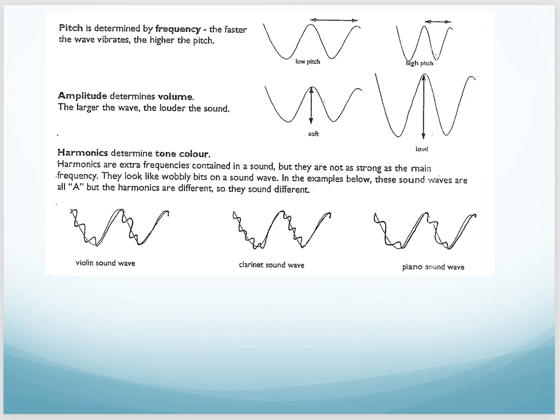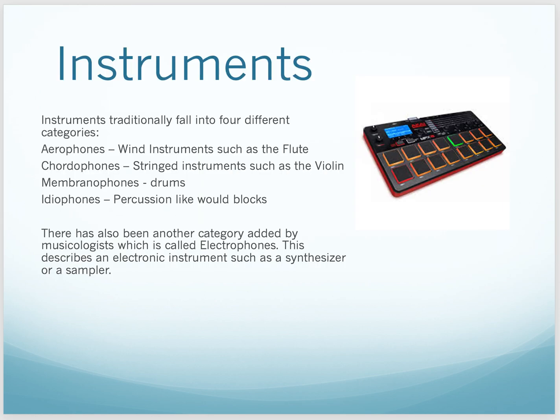They look like wobbly bits on a sound wave. In the examples below, these sound waves are all A, but the harmonics are different, so they sound different. We've had a look at what sound is in previous lessons, and we've watched videos to explain it. This is probably my favorite part of music sometimes, when it comes to producing and those sorts of things.